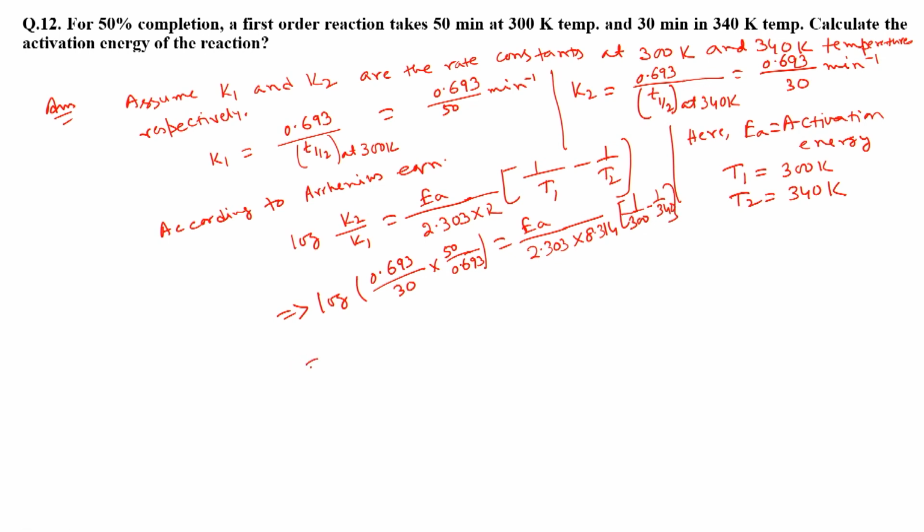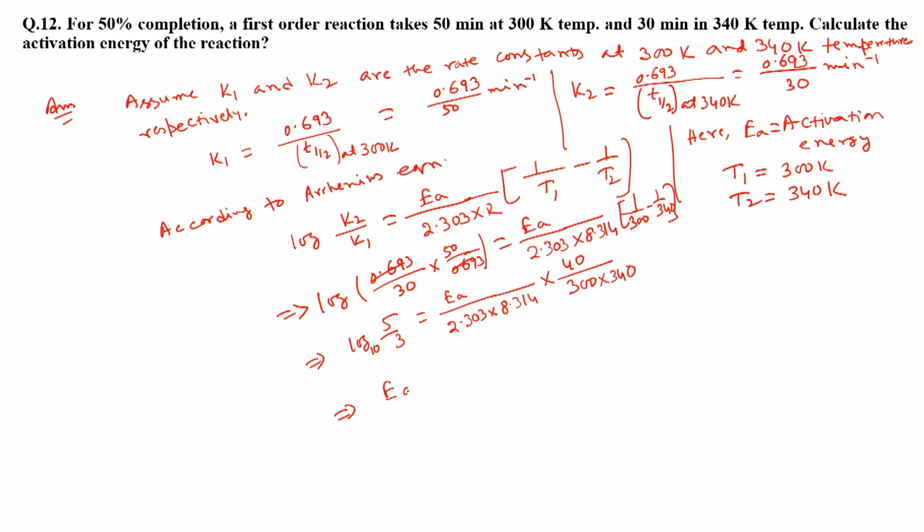Okay. So we get log 5 by 3 is Ea by 2.303 times 8.314 times 40 by 300 times 340. This is log base 10.